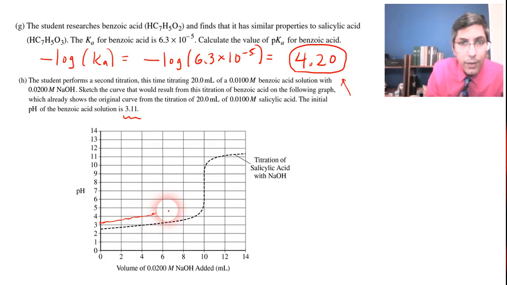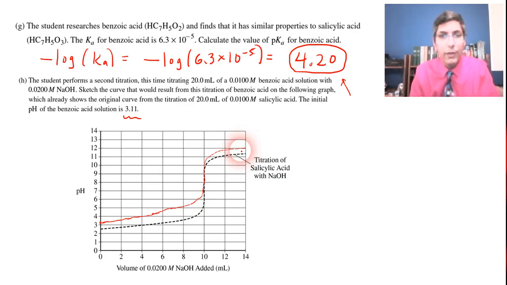And at the halfway point, it's 4.20. Then you keep going, and once it hits that 10, it's going to shoot up, just like the other one did, just like crazy. And then once it gets a little above there, it's going to level out. So that's your titration curve for H.